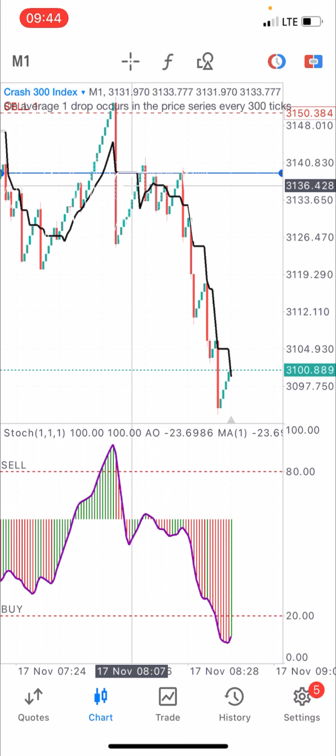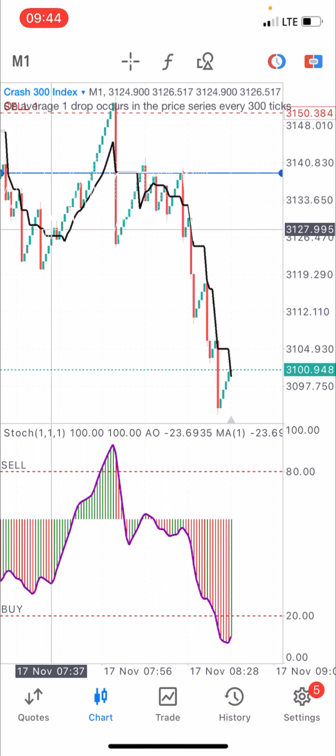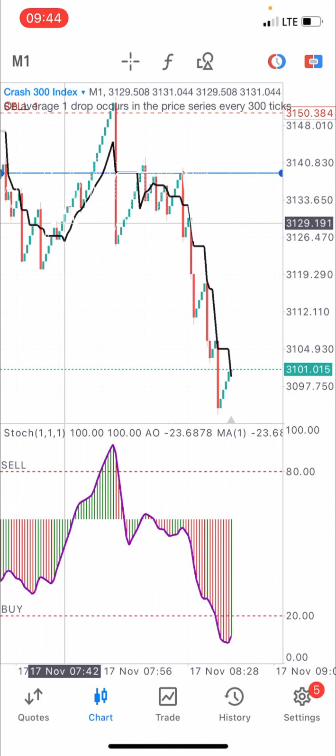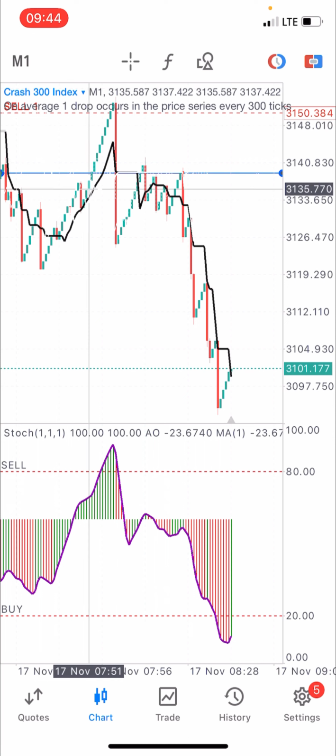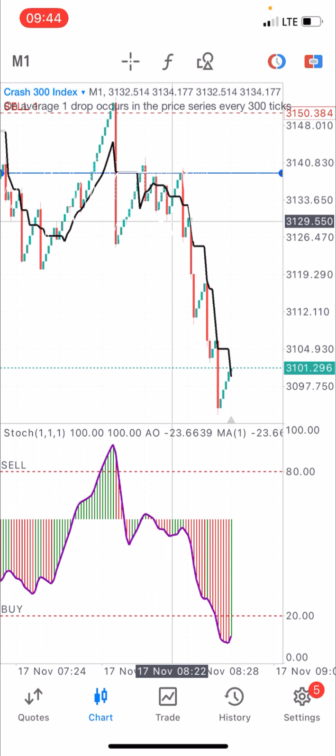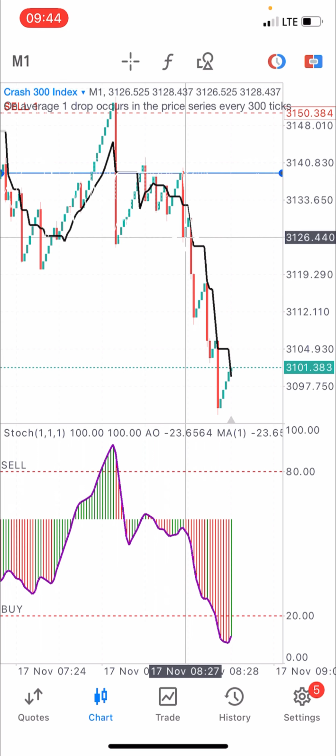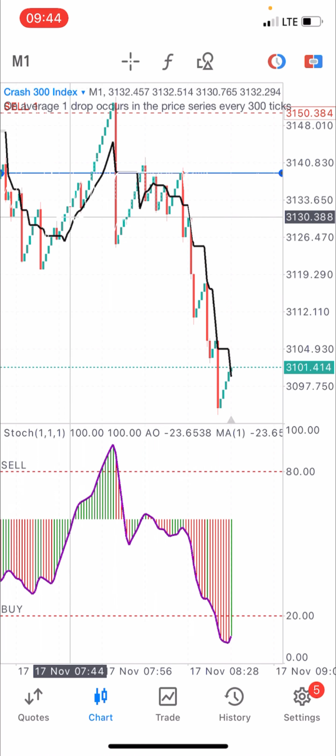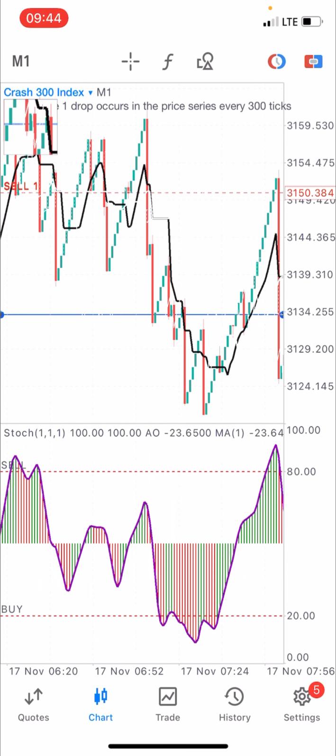Now, how do you know it's a sell? Once the price goes from being above this Ichimoku, because this black line is the Ichimoku, to being below. Let's backtest this. Let me show you something.